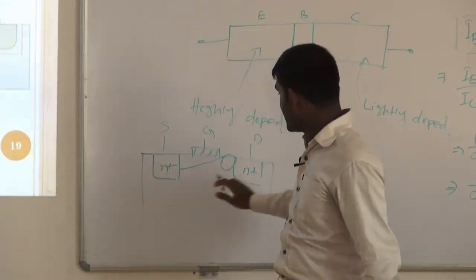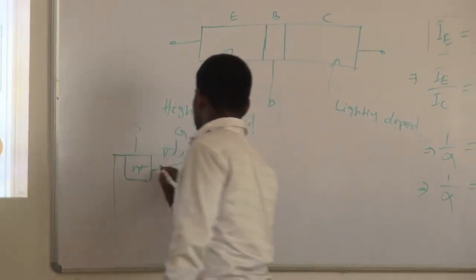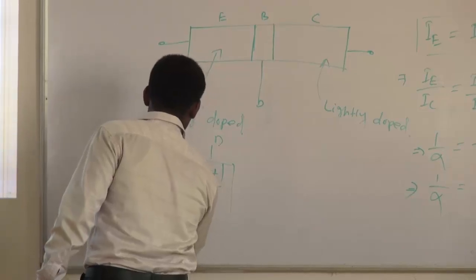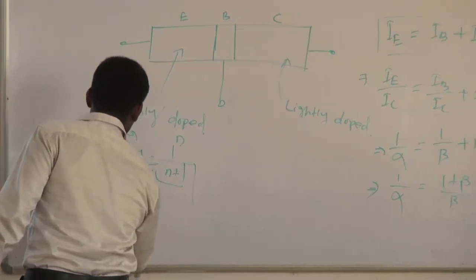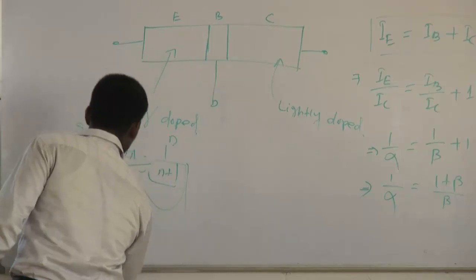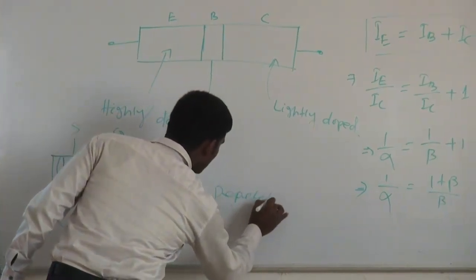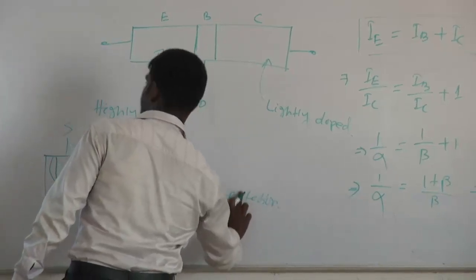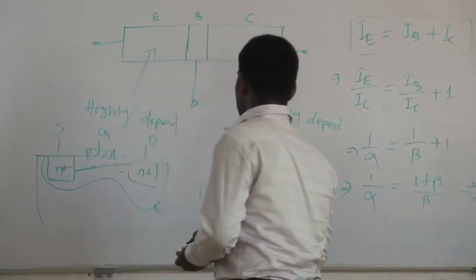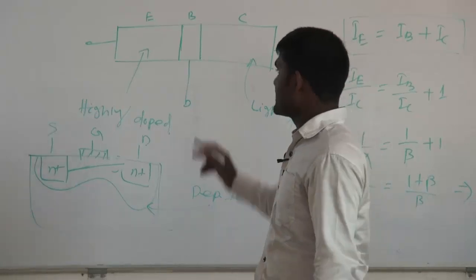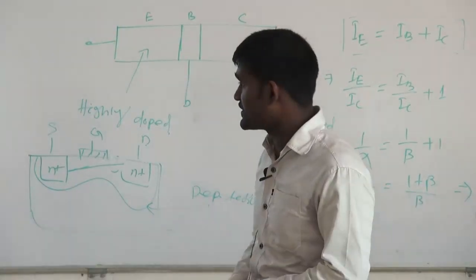After increasing the voltage, it just joins. And your depletion region increases. This is the depletion region. Depletion region increases. So this is the working principle for NMOS type.